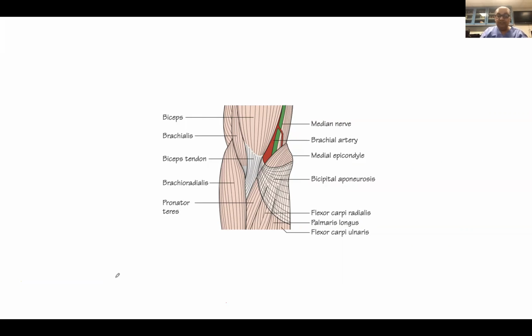Posterior compartment, all those muscles. You cannot see the deep ones, but you can identify the arteries and nerves very clearly. Compartment syndrome very clearly. Now let's talk of the cubital fossa.